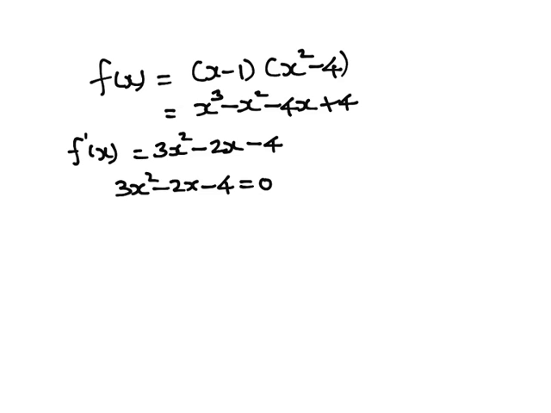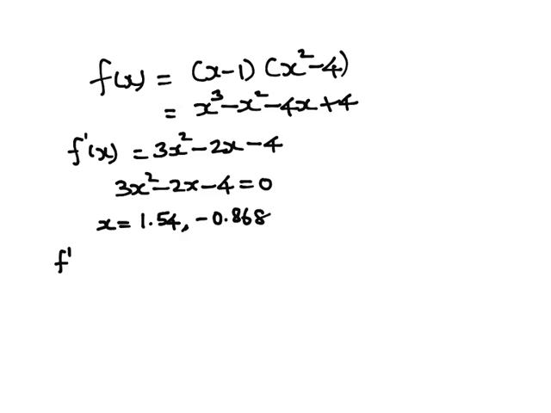You can't factorize it, so let me use the GDC. Using the GDC, the solutions of this quadratic equation are 1.54 and minus 0.868. So these are the two solutions.